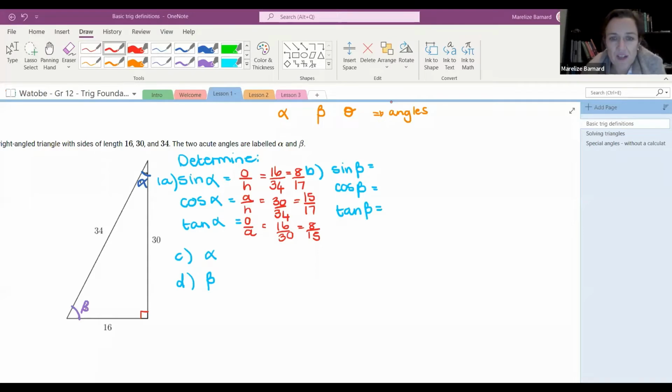Pop your answers in the chat. Let's see. Sine of beta. So beta is the purple angle over here. So it's opposite over hypotenuse, and that is 30 over 34, which we are going to simplify down to 15 over 17.